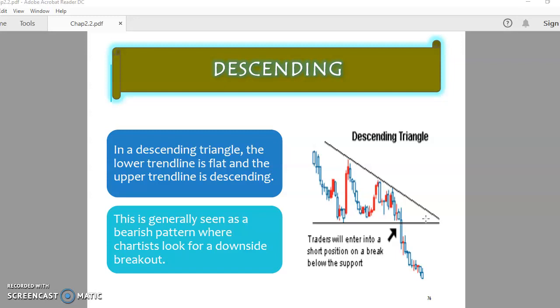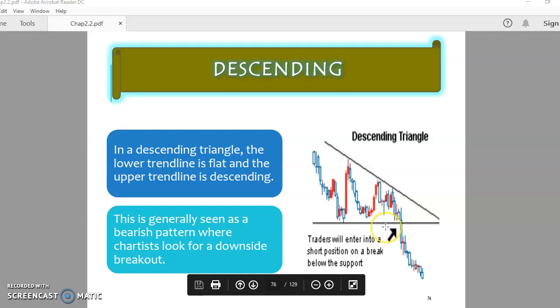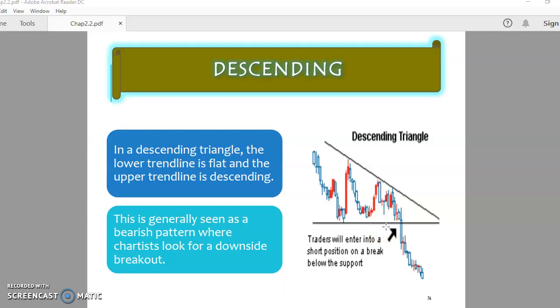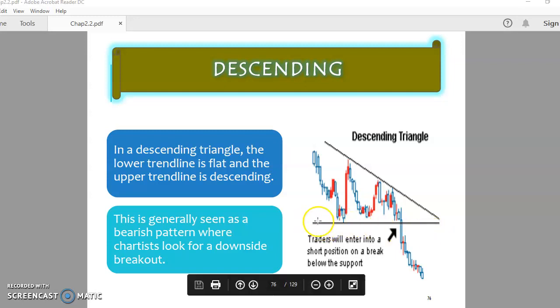Okay, while a descending triangle is a bearish pattern where chartists look for a downside breakout. As you see here, this is the other way around from the ascending triangle. In the ascending triangle, we can see a flat, straight line for the resistance line.